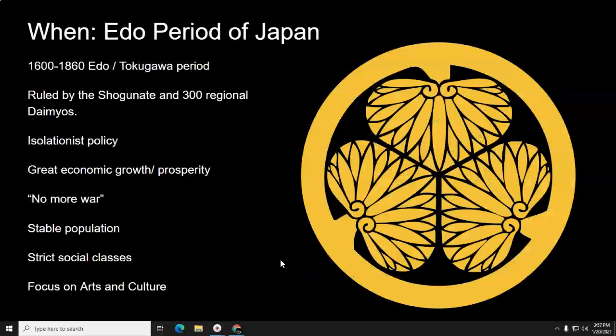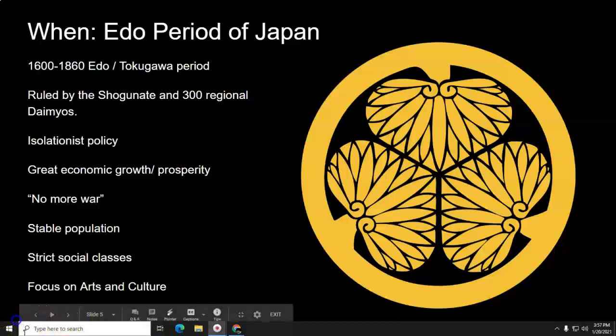So the Edo period of Japan was from about 1600 to 1860, which is a relatively long time as far as governing eras go. It was ruled by the shogunate and 200 to 300 regional daimyos that kind of changed over time. It had a very isolationist policy, which means that people from other countries could not just pop over to Japan.